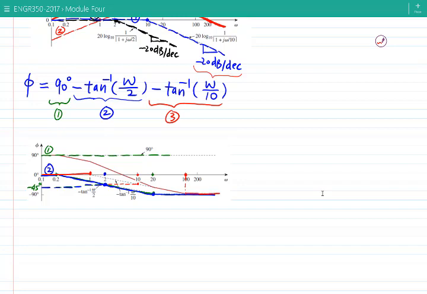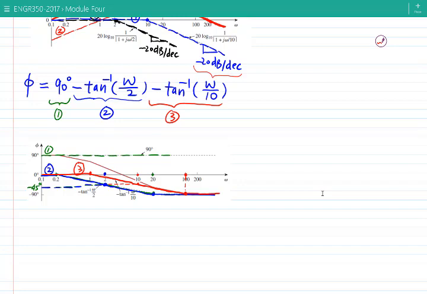Then we can connect the 3 points, and we get the phase angle for term number 3.